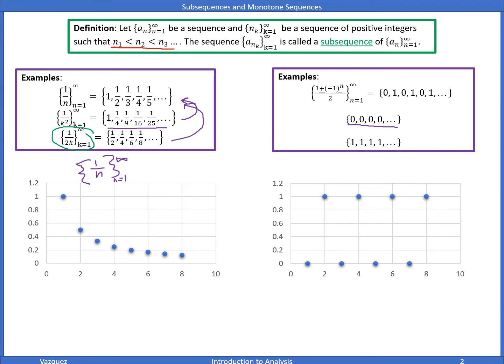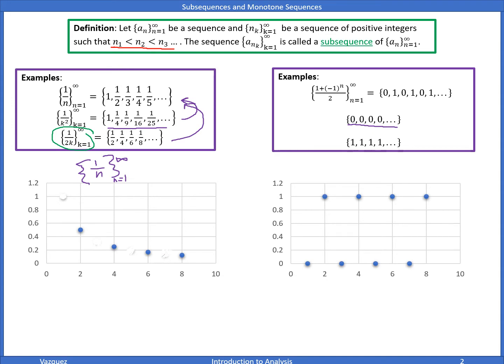So for example, we would delete the first one because there is no 1. We would delete the third one. We would delete the fifth one. So on and so forth. And we still get a subsequence.